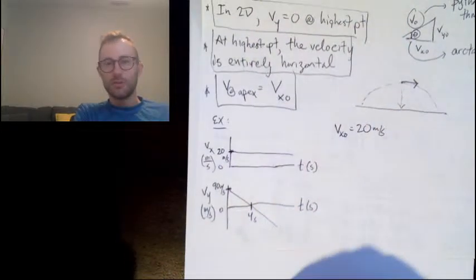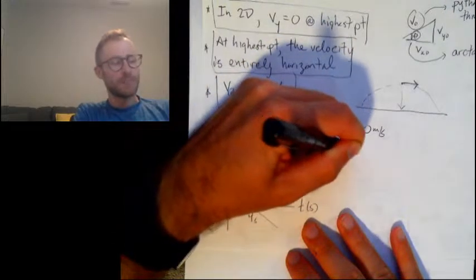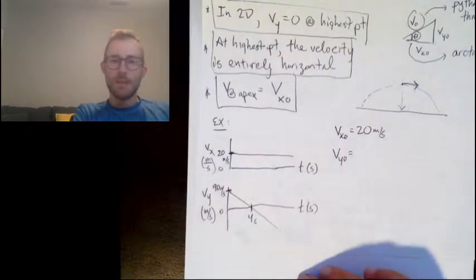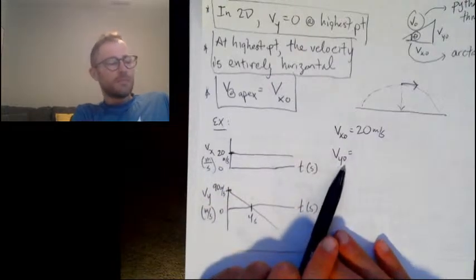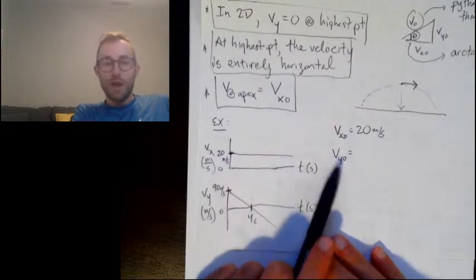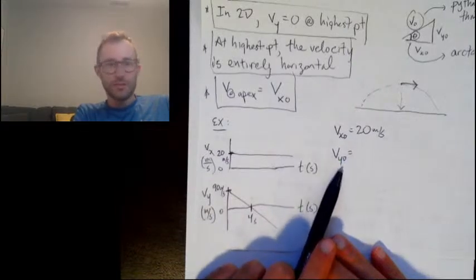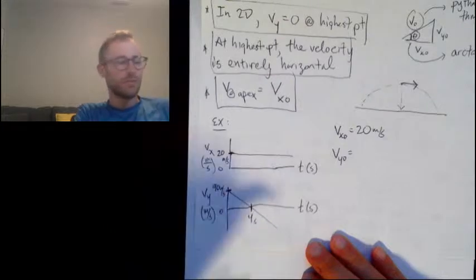So Vx naught is 20 meters per second. What is Vy naught? Vy naught is the y component of the velocity at time 0. So at time 0, our y velocity is 90 meters per second.